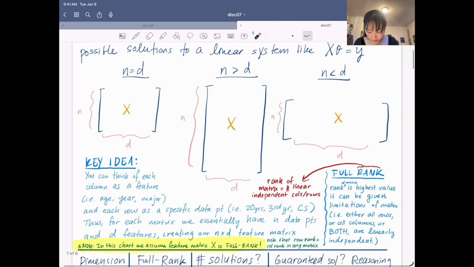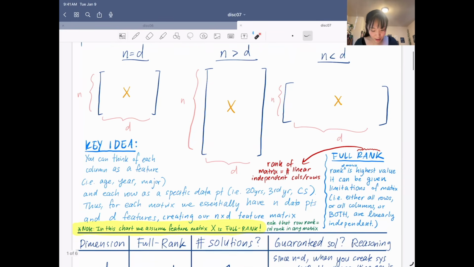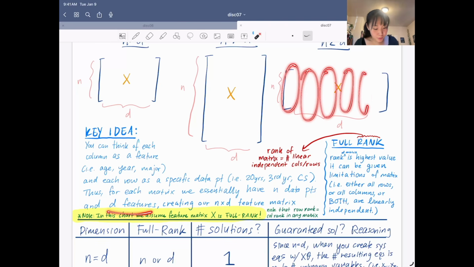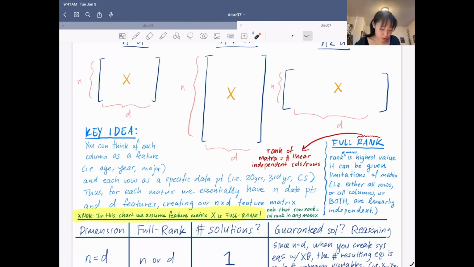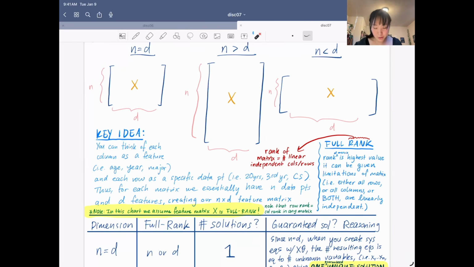So for these feature matrices, you can essentially think of it as we have n data points and d features. N data points, because we have n rows, each row representing a data point, and d features, each feature being like a feature of the data we collect, like the age or the year. And this creates our n times d feature matrix that we've been working on throughout this course.